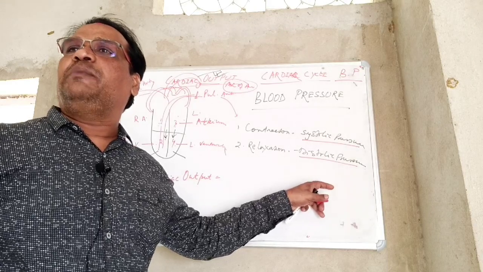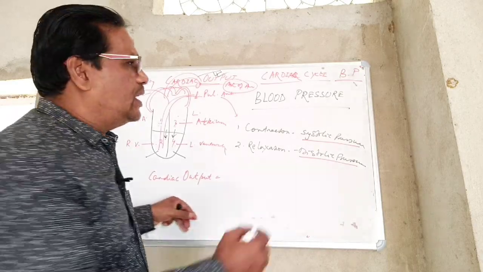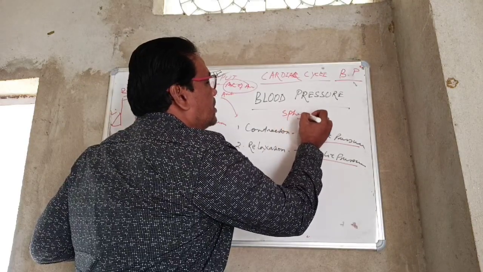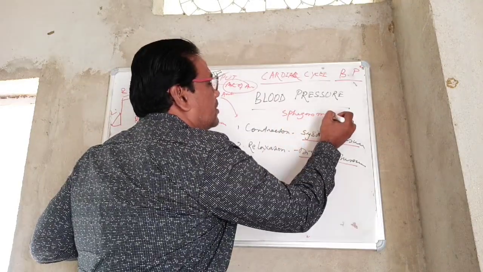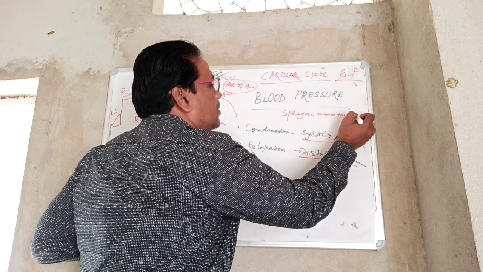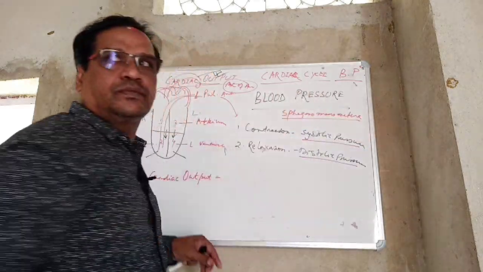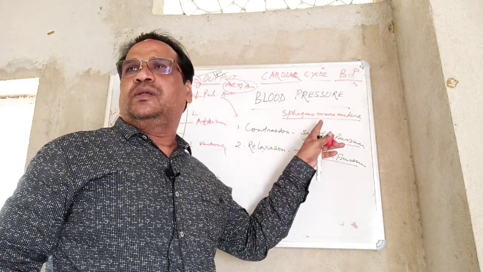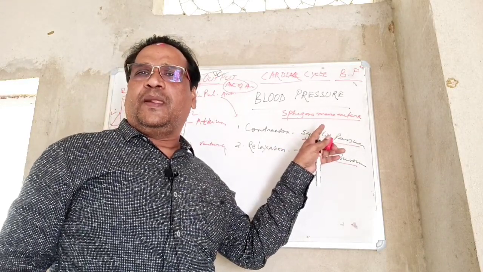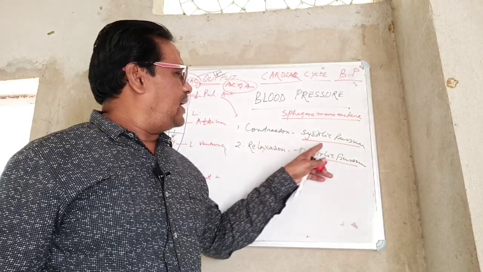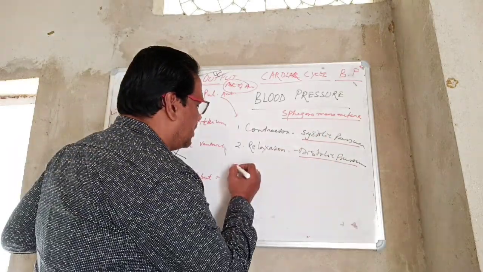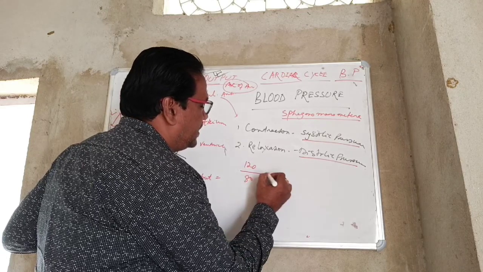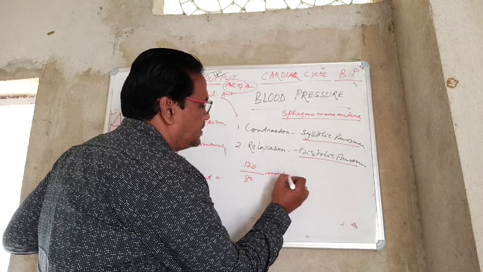Blood pressure can be measured using an instrument called a sphygmomanometer, which measures systolic over diastolic. For a normal person it is 120 by 80 mmHg.